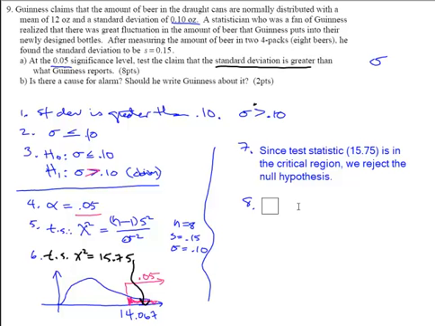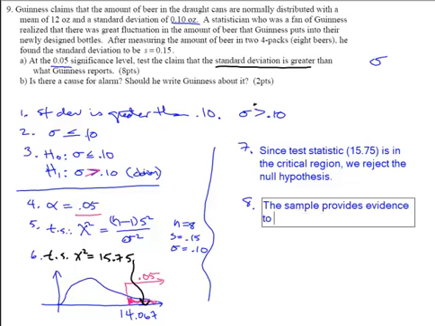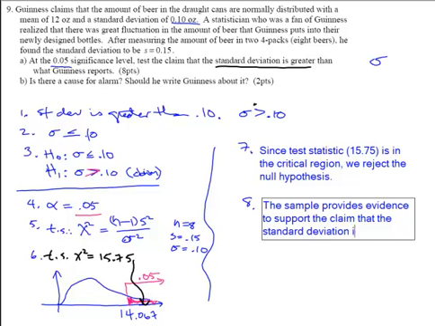So the sample provides evidence to support the claim that the standard deviation is greater than what Guinness reports.